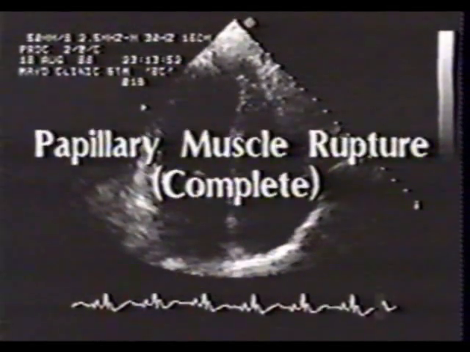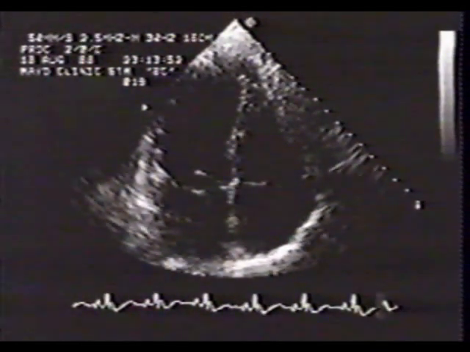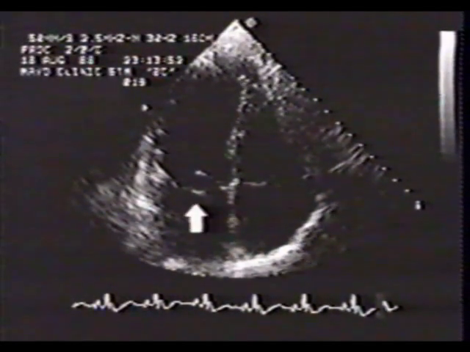This patient was hospitalized with an acute inferolateral infarct. He was transferred to us several days later when a new murmur was identified, as he became progressively more dyspneic. On his admission echo, it was quite evident that the posterior mitral leaflet was flail.